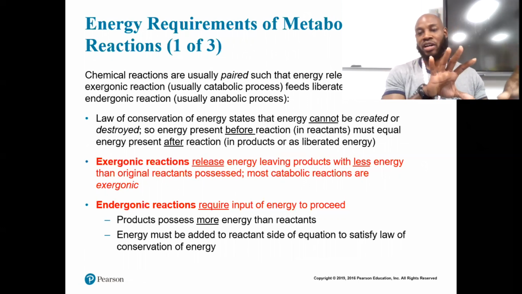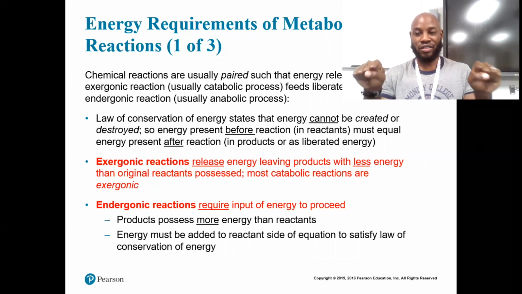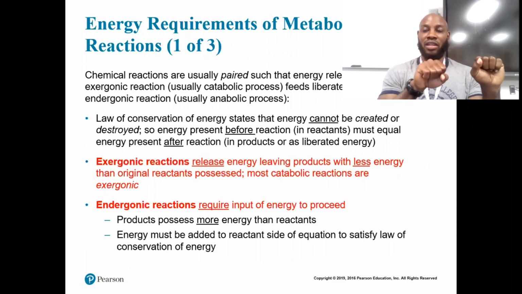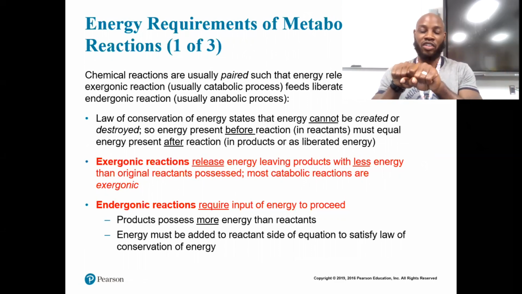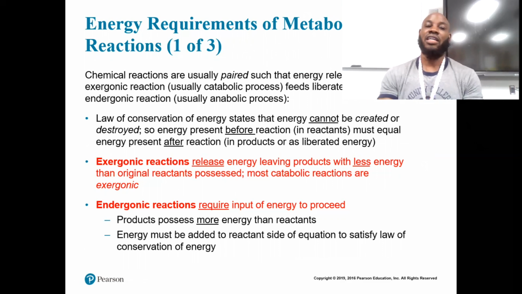When you have anabolic, you're taking two reactants and putting them together. It usually requires energy for that to happen. For you to take A and B and put them together and make a new molecule, that usually requires energy. Okay, so exergonic releases energy, endergonic requires energy, very simply put. And usually catabolic reactions are exergonic, anabolic reactions are endergonic.